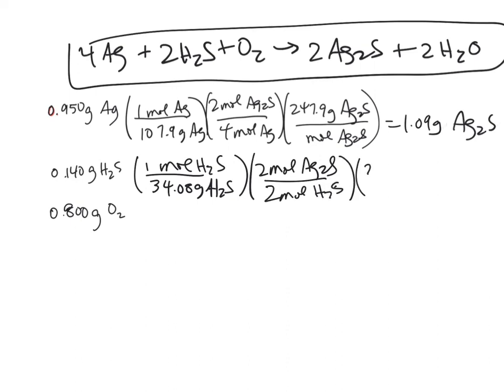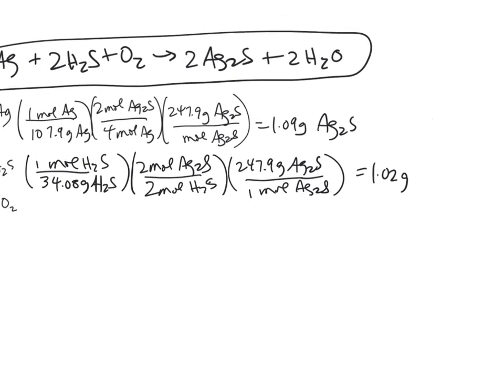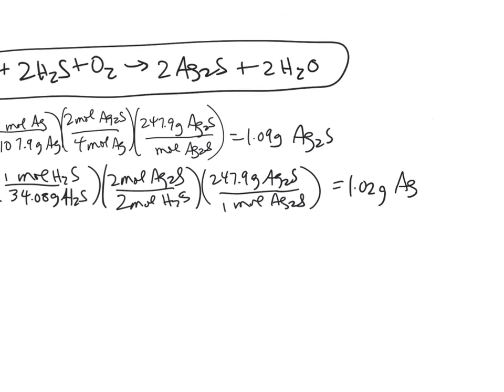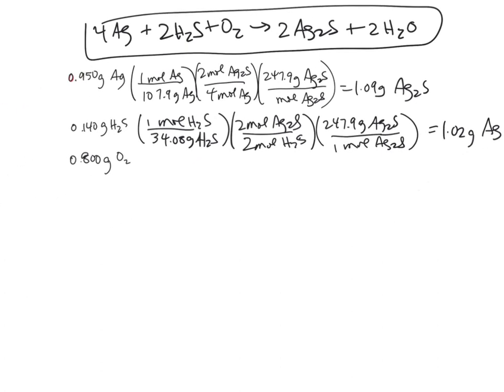Then you have 247.9 grams silver sulfide for every 1 mole of silver sulfide. And this one turns out to be 1.02 grams of silver sulfide formed. The last one is 0.8 grams of O2. Use 32 grams per mole for oxygen.